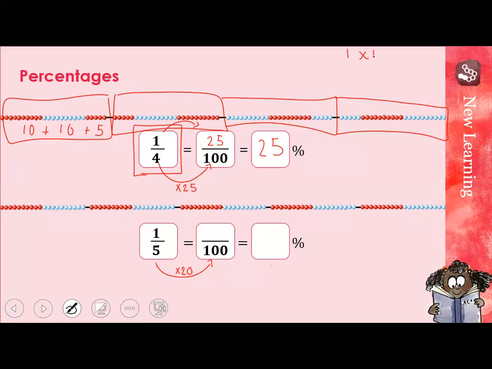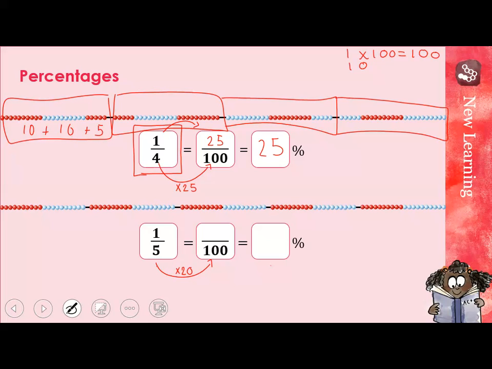1 times 100 equals 100. Very useful piece of information, a very obvious piece of information. Another one that we should all know. And don't forget, write this down if you're not sure about it.